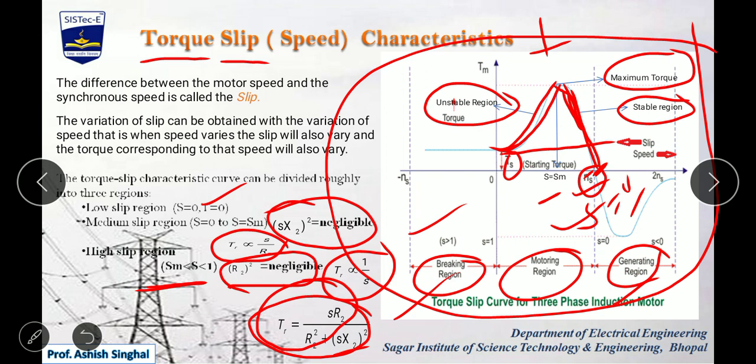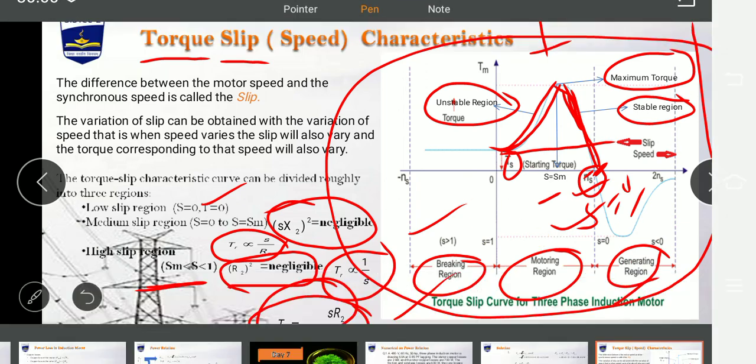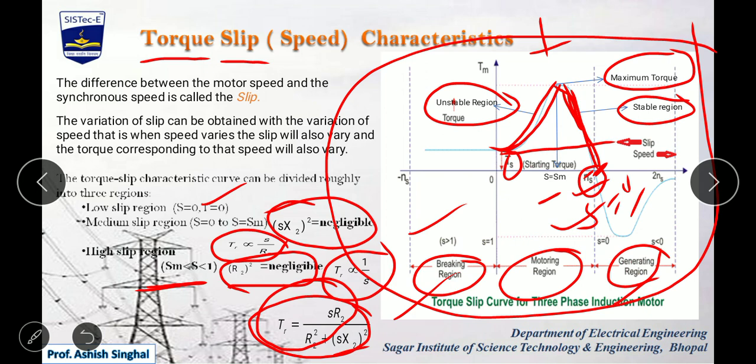So in the motoring region, the value of the slip lies between 0 and 1. So slip is positive. The motor rotates in the same direction as that of the rotating magnetic field.